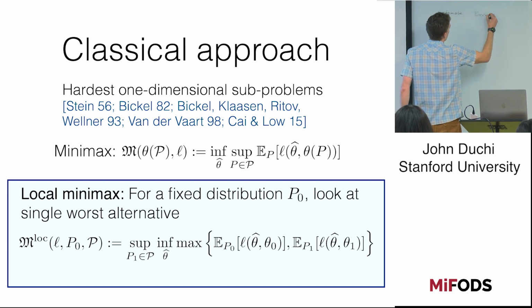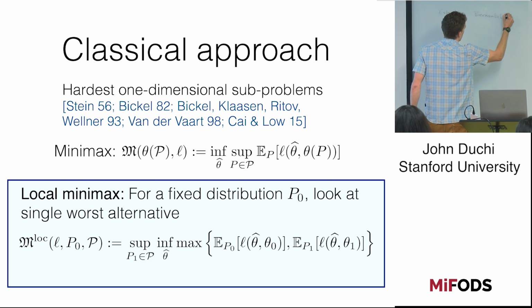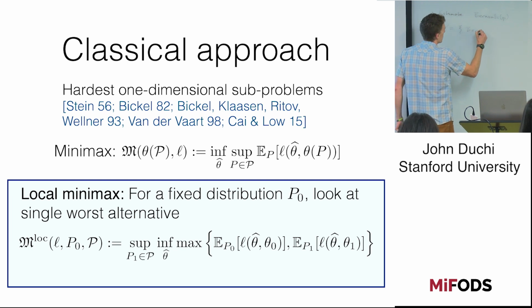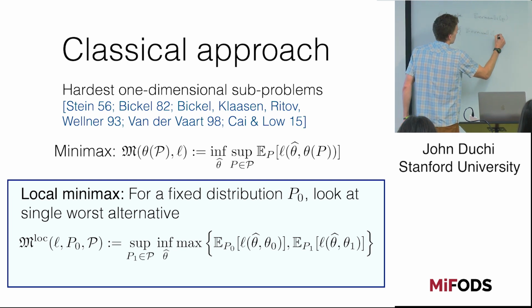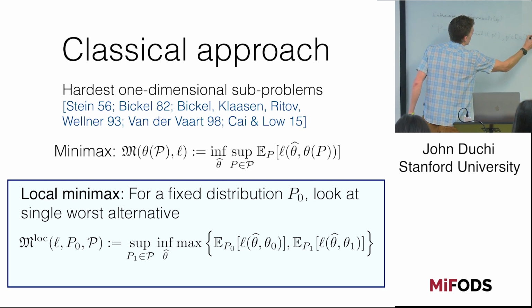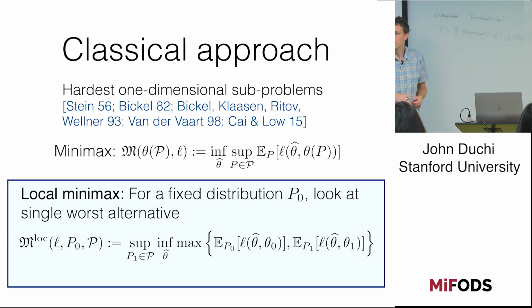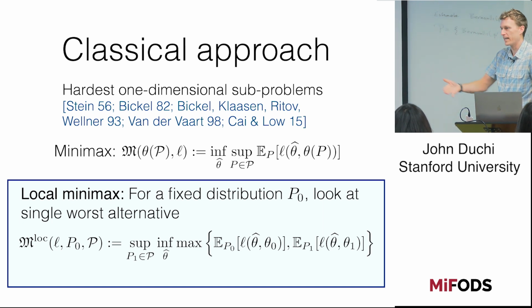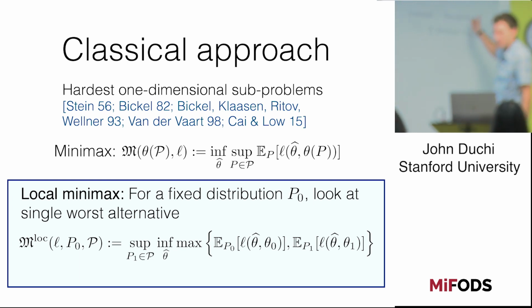I have a Bernoulli P. Then the set of possible distributions, script P, is equal to all Bernoullis with some parameter P prime, where P prime is in [0, 1]. But when you've got some coin, it's one particular coin with a particular probability of being heads. That's your P0. You're going to keep flipping that, and then the question is, how hard is it to estimate that Bernoulli distribution?